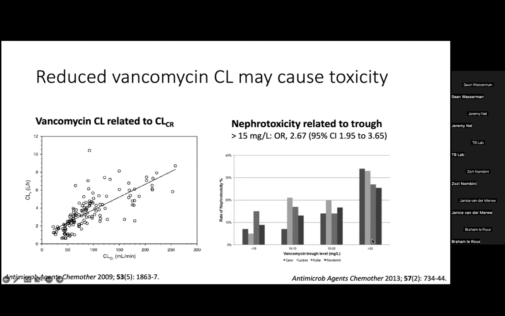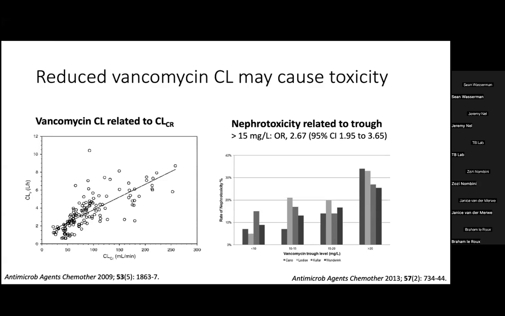This is a descriptive systematic review of 4 different studies at different trough concentrations. And you can see as trough concentrations go up consistently in these different studies, the risk of nephrotoxicity goes up as well. Clearly, this isn't causal, because patients with higher vancomycin concentrations could have high exposures and therefore nephrotoxicity, but also patients with renal impairment getting vancomycin have higher vancomycin concentrations.